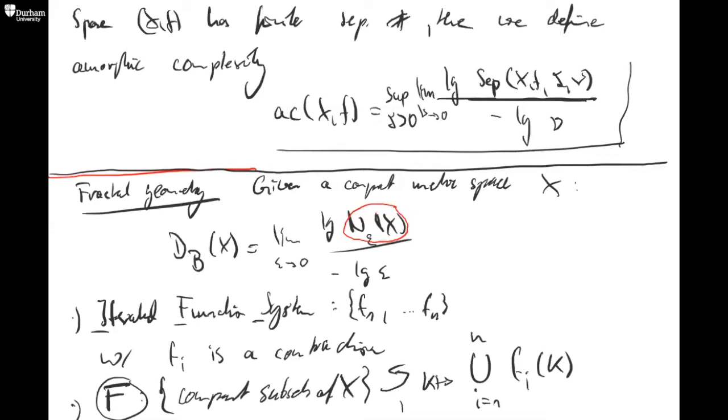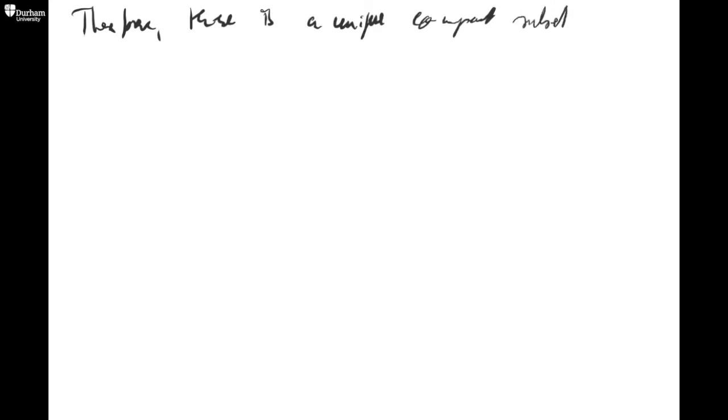Now, again, every contraction on a complete metric space has a unique fixed point, and so therefore there is a unique compact subset, say A of X, such that F of A equals A. And what was F of A again?